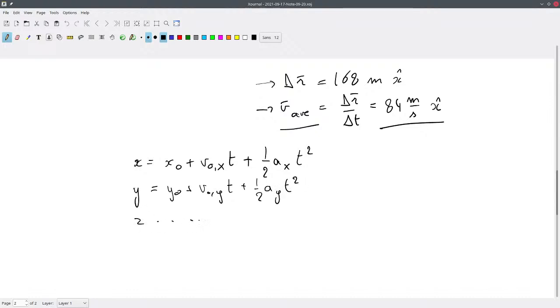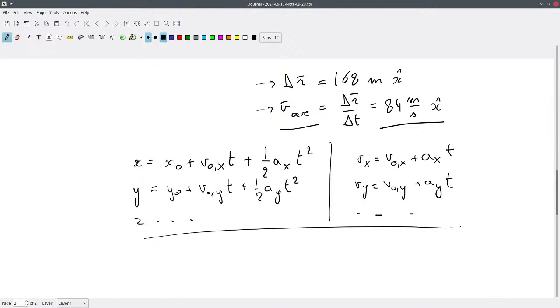And I'm not going to write the same thing for z. So that's one formula that now became 3 formulas. We'll have vx is v0x plus ax times the time. vy is v0y plus the acceleration in the y direction times the time. And the same thing for z.